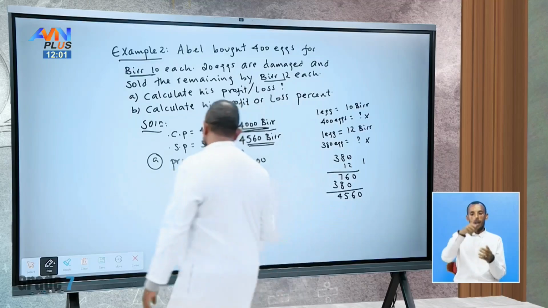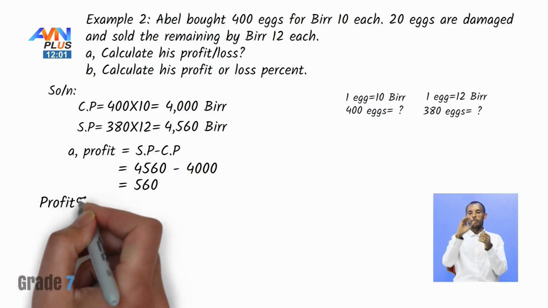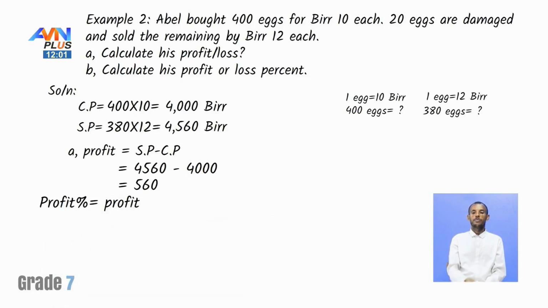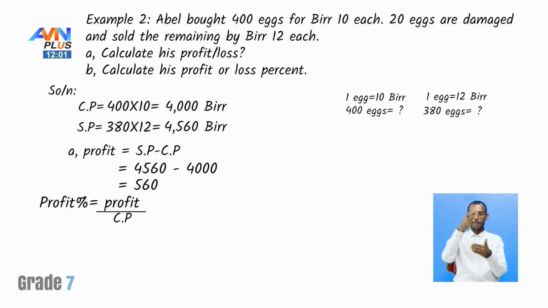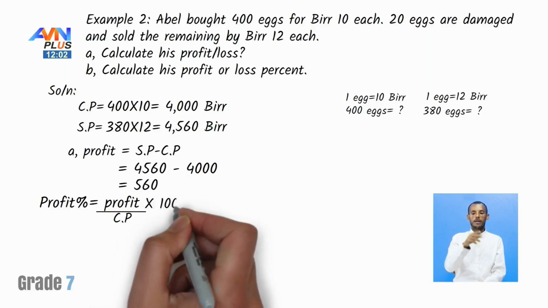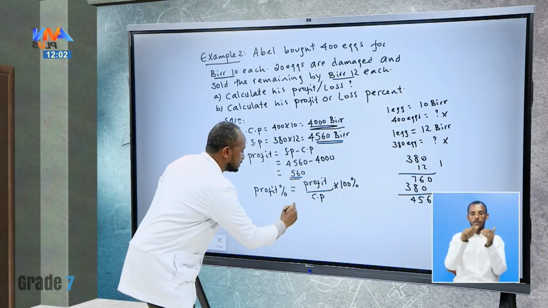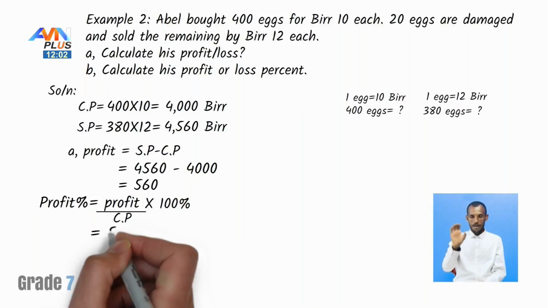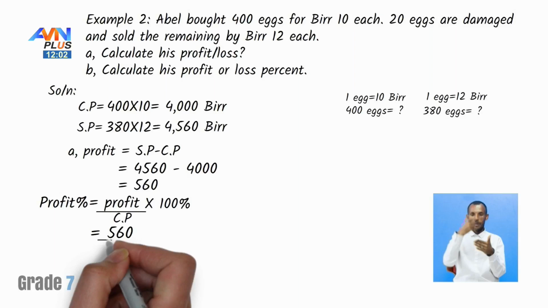Therefore, here, profit percent is equal to this profit divided by the cost price, and then you multiply this by 100% to convert it into percent. Therefore, the profit is 560 divided by the cost price. What is the cost price?